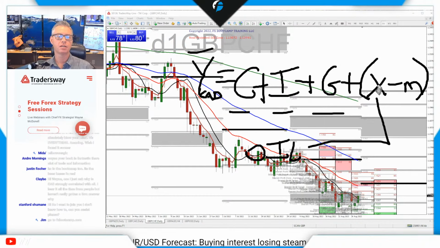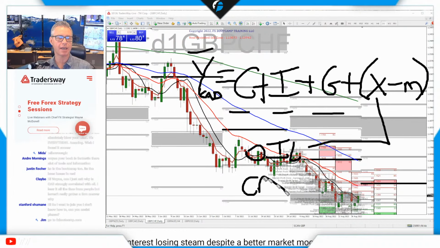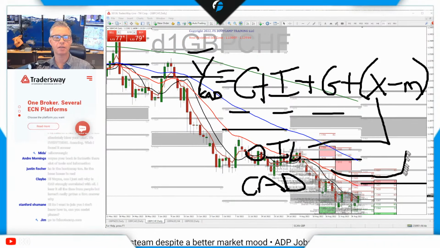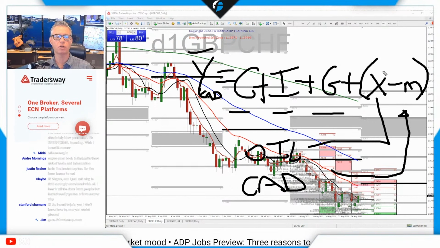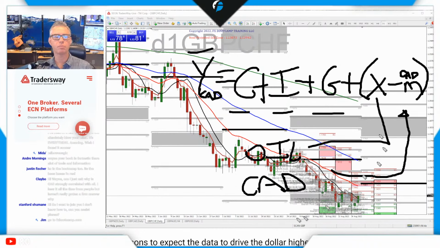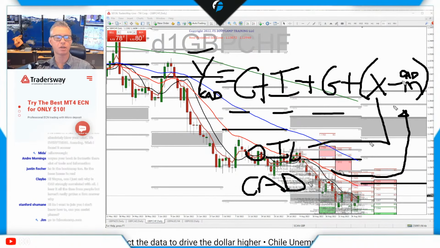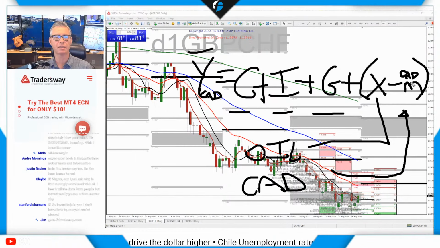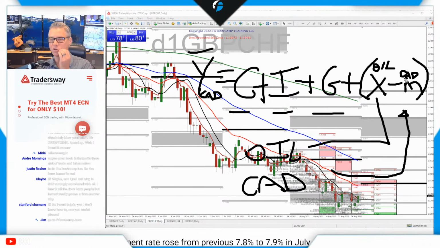So oil leaves Canada, but then foreigners buy CAD and send that to Canada. So Canada's exporting oil and importing CAD. CAD imports. And that pushes up the value of the Canadian dollar because the foreigners are the ones buying the CAD. So again, Canada's exporting oil and importing Canadian dollars. They're exchanging oil for money.